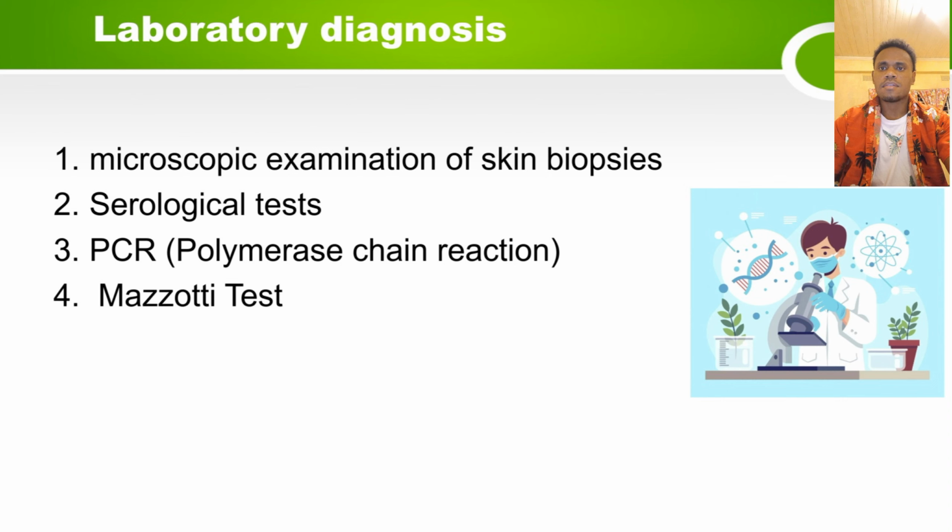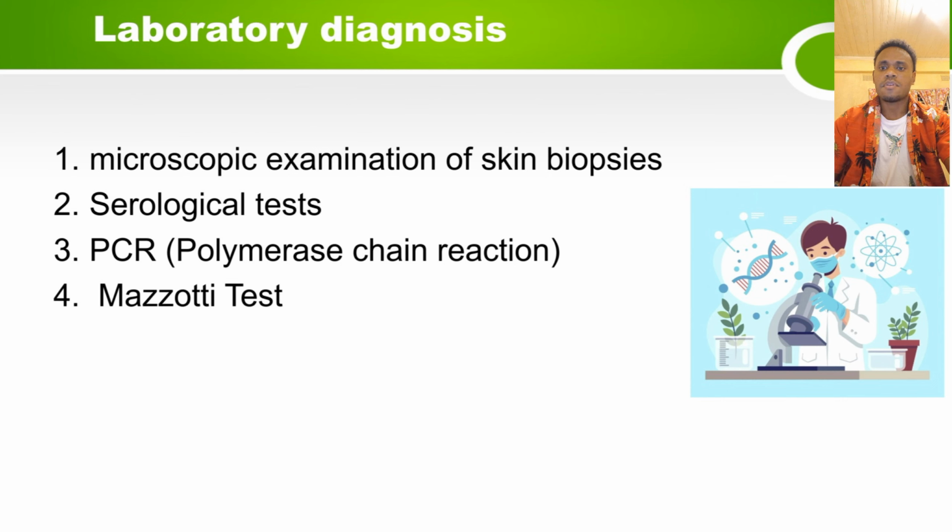And then followed by serological tests, which detect antibodies against Onchocerca volvulus. Enzyme-linked immunosorbent assay and immunochromatographic tests can identify specific antibodies in the patient's blood indicating exposure to the parasite.